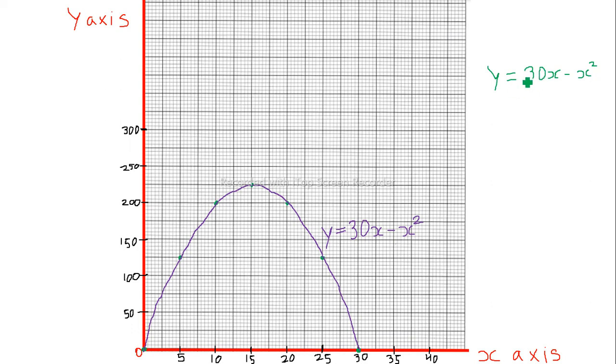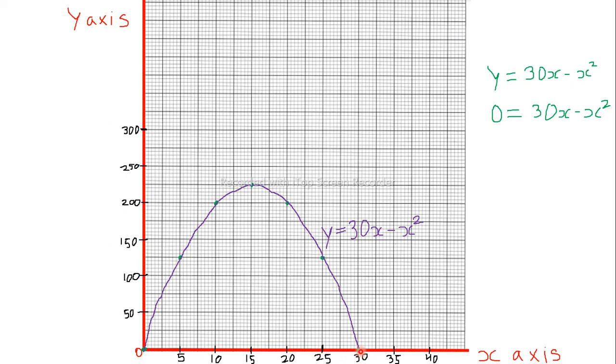And we know that when y is 0, y is 0 whenever this graph touches the x-axis. So y is 0 here, because this is the point 0, 0, and y is also 0 here.